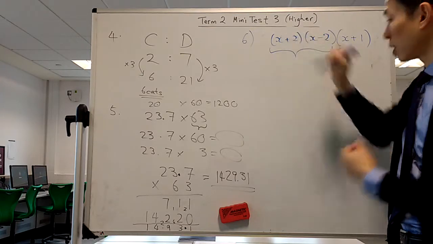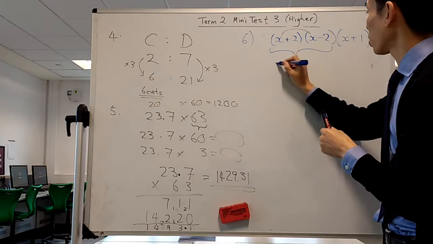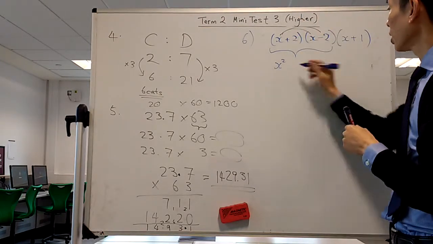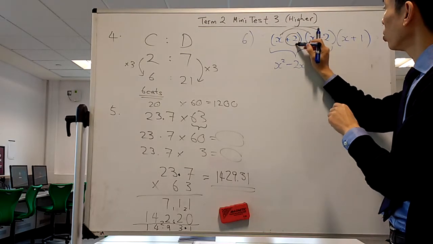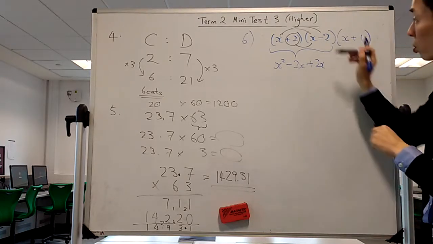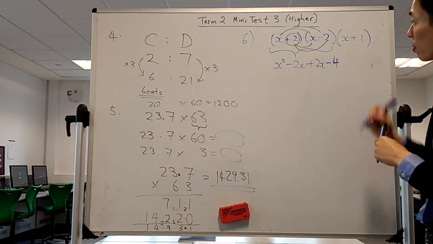So x times x is x squared. X times minus 2 is minus 2x. 2 times x is 2x. And 2 times minus 2 is minus 4.